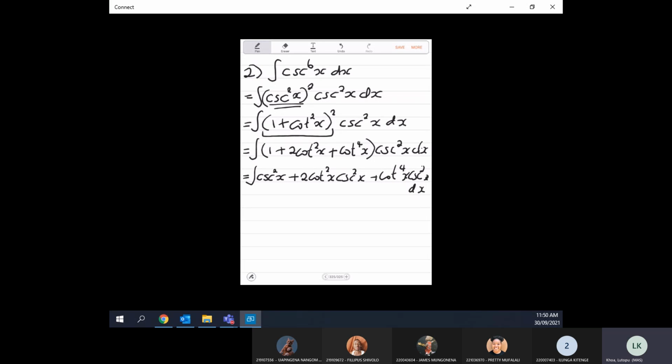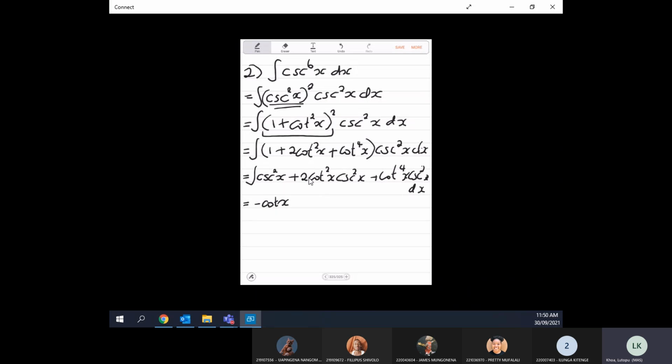Okay, then from here, everything is easy to integrate. The integral of cosec squared is negative cot. And then the integral of this one here, the derivative of cot is negative cosec squared. So this is the derivative of that.